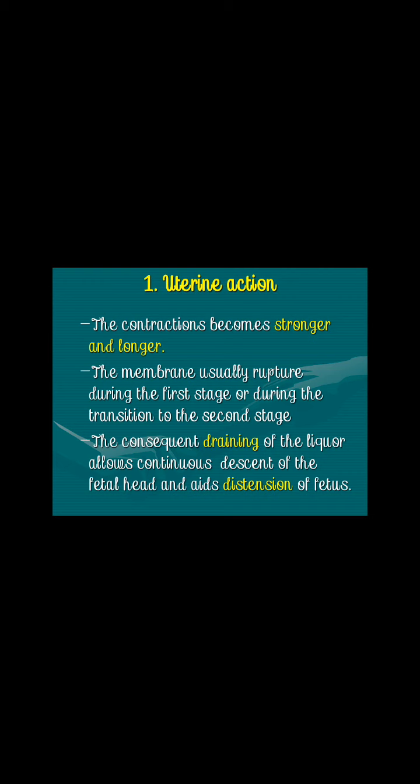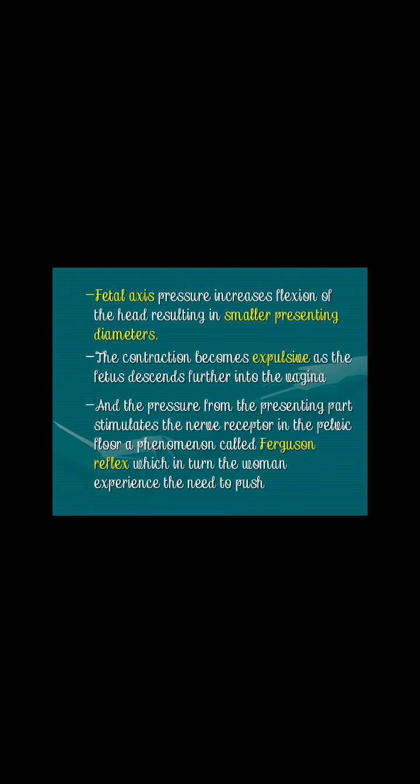So as membrane ruptures, it allows a continuous descent of the fetal head to find the way out through the birth canal. Fetal axis pressure increases, with flexion of the head resulting in smaller presenting diameter. As membrane ruptures, fetal axis pressure increases.